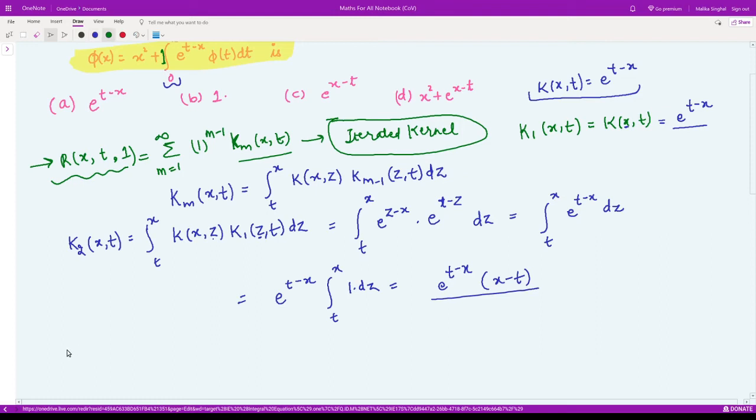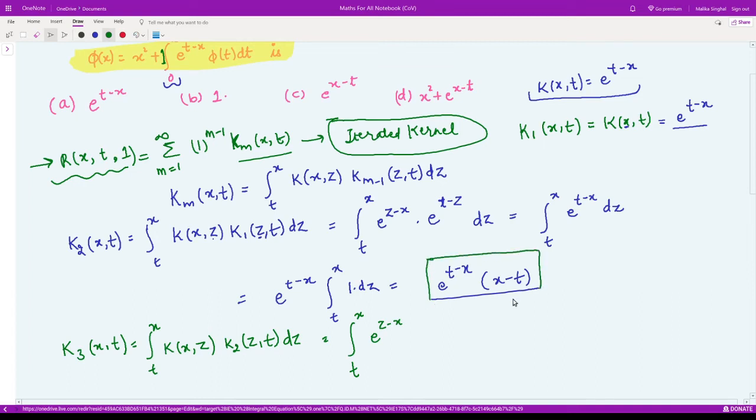Let us calculate the third kernel K_3(x,t). What would be that? It would be integration from t to x, K(x,z) K_2(z,t) dz, right? So let us calculate that. So integration from t to x, e to the power z minus x as done previously, and here we have to replace this x with the z.